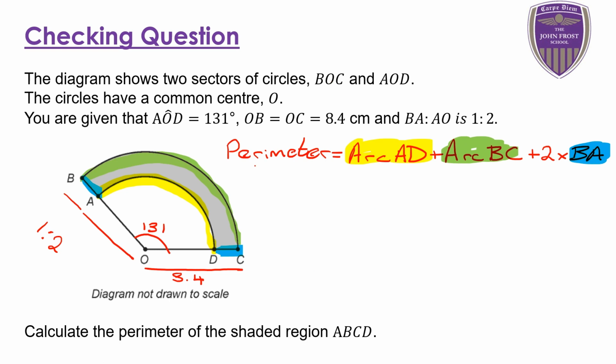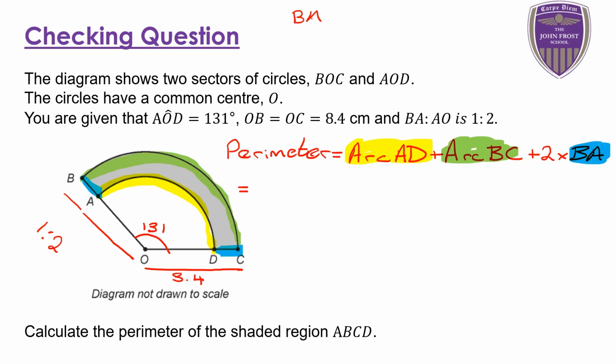So welcome back. So to work out the arc AD then, and to work out the arc BC. Well, currently we can only work out the arc BC because we know the radius is 8.4. Therefore, we've got a diameter to work it out. So it's actually worth us spending a bit of time to work out the length of BA, okay?